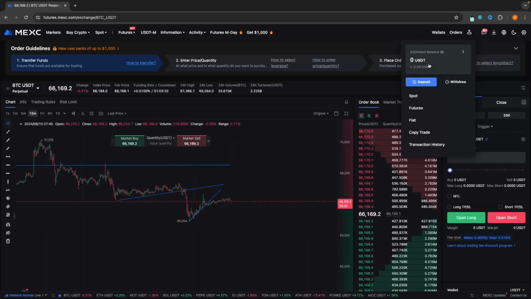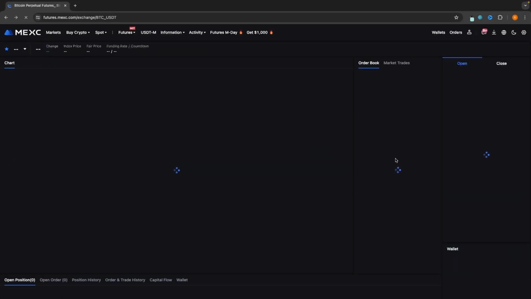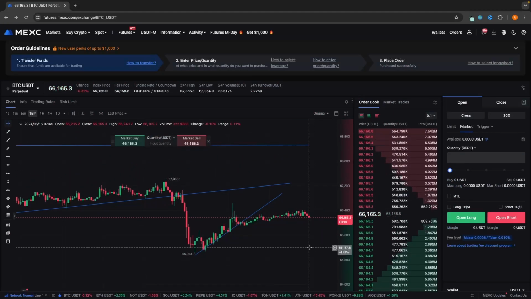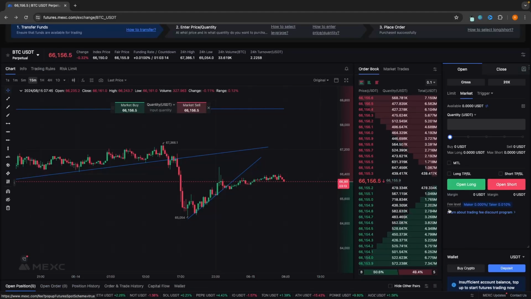So let's say that I have another $10,000 that I'm holding in just random coins that I'm buying and holding right here. Well, if my position really moves against me, it's going to use all of those coins as collateral. So essentially, if you use the cross margin feature, you can enter in a really bad position and lose your entire account. You can get liquidated on everything.